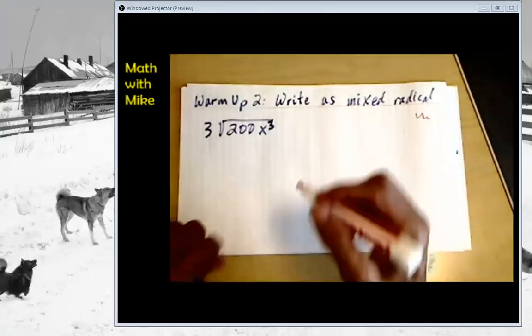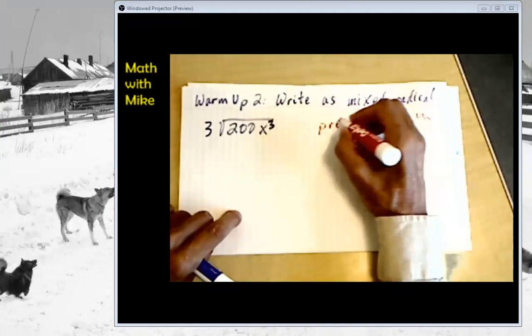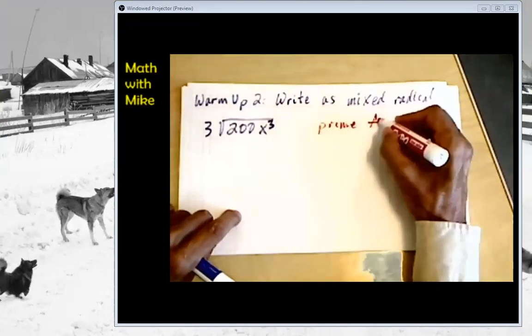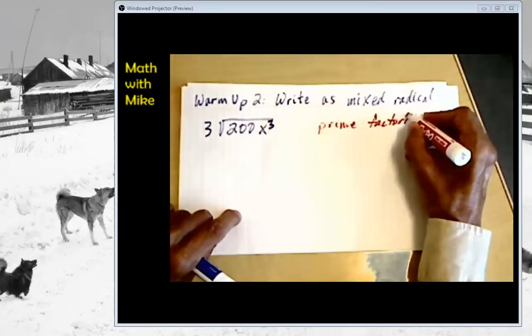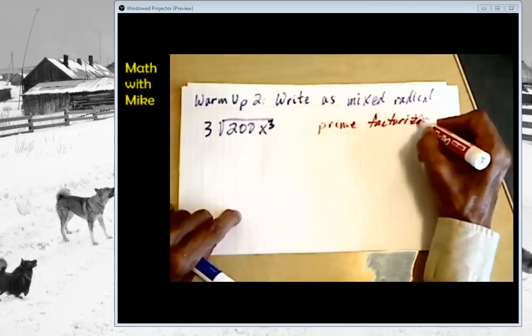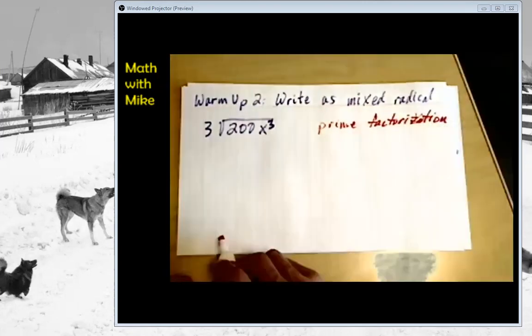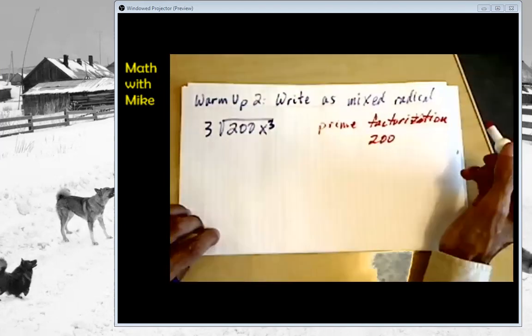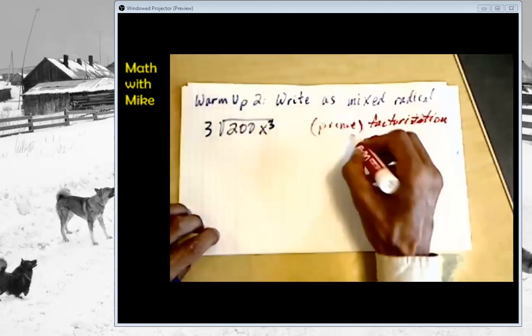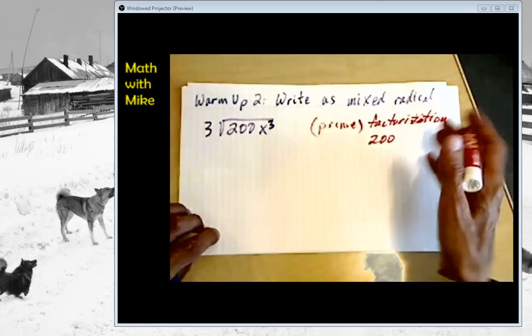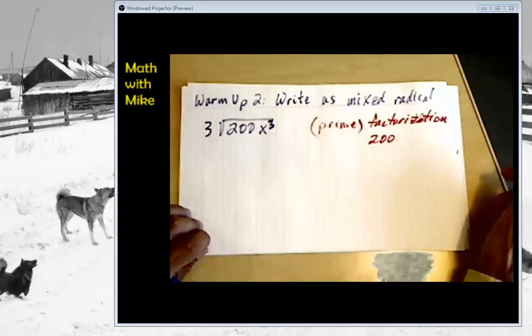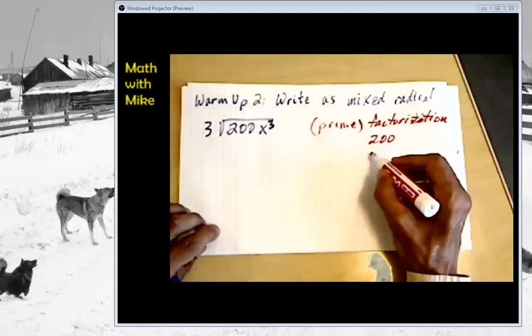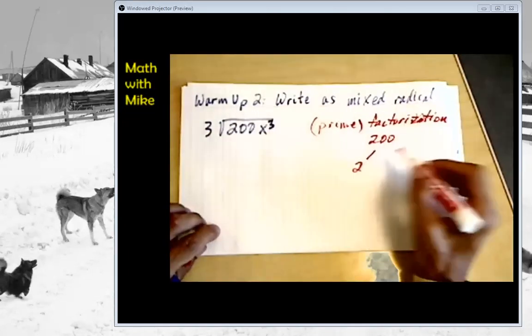Factorization, yeah. Prime factorization is the official language there. For 200, what do you get? I'll put prime in brackets because there's a couple of ways to do this. 2 divided by 2. Okay, 2 is part of it.